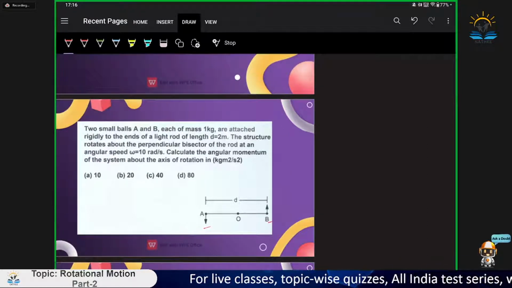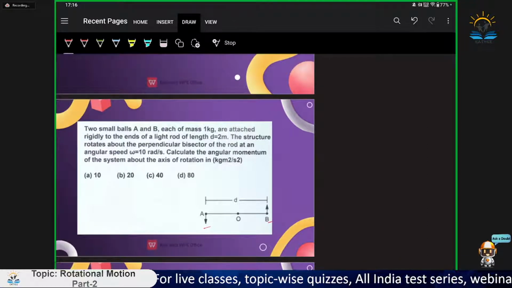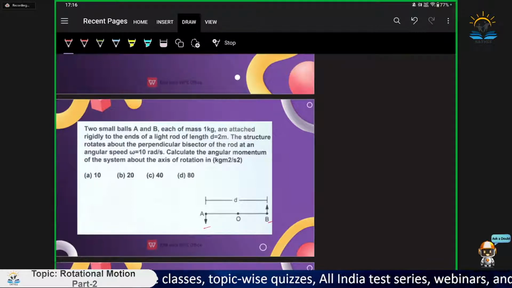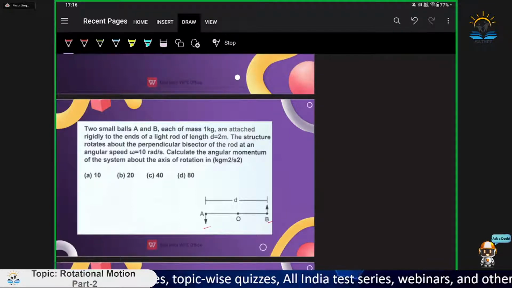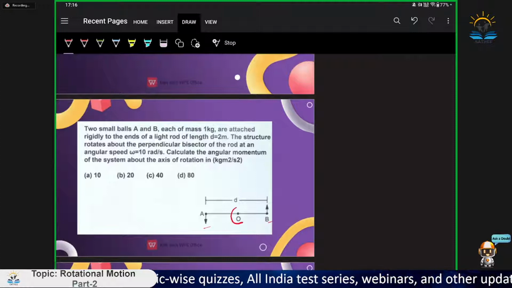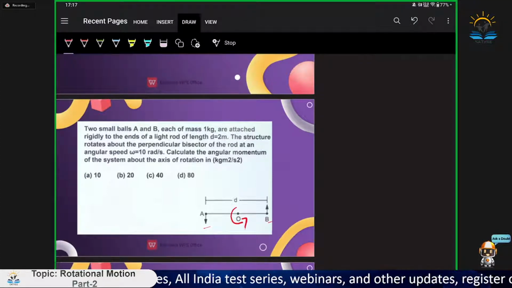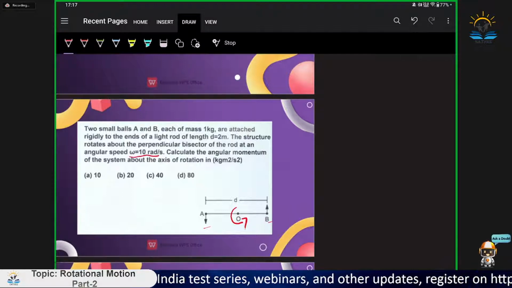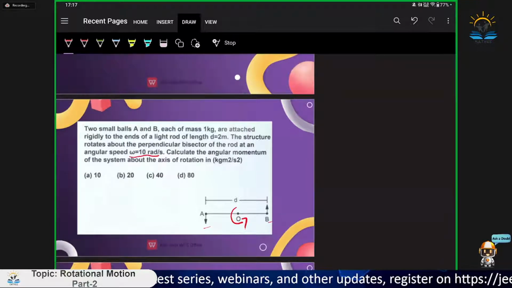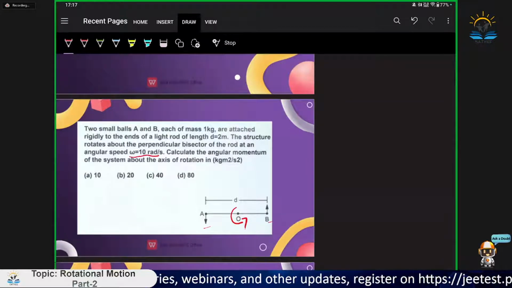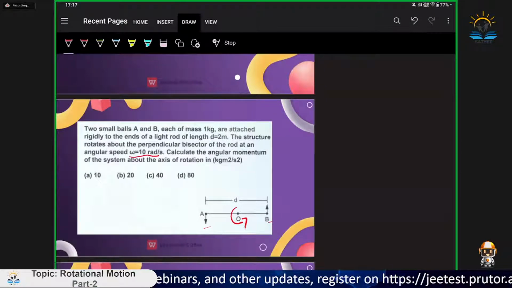As the structure rotates about the perpendicular bisector of the rod at an angular speed omega, we have to calculate the angular momentum of the system about the axis of rotation.